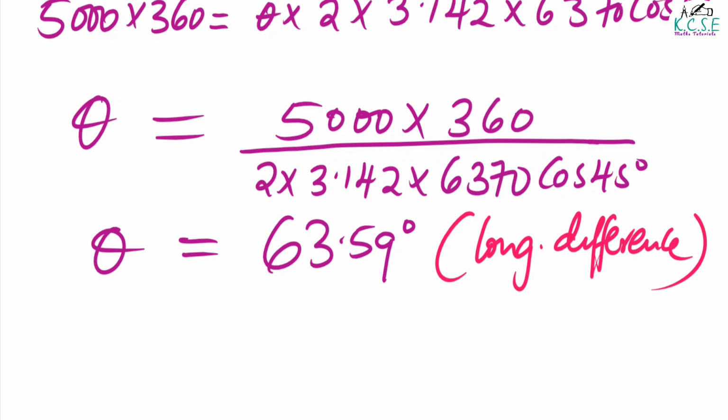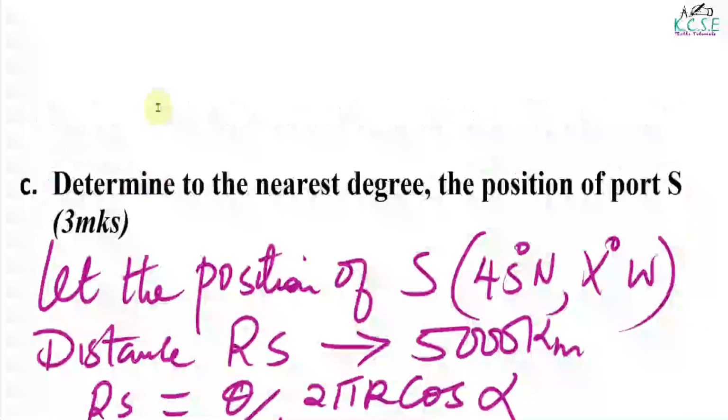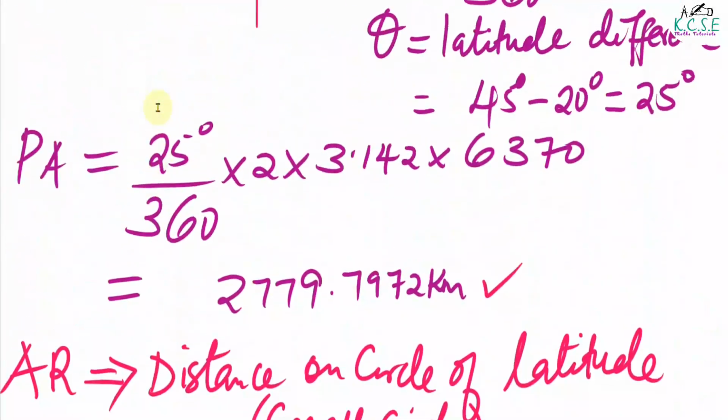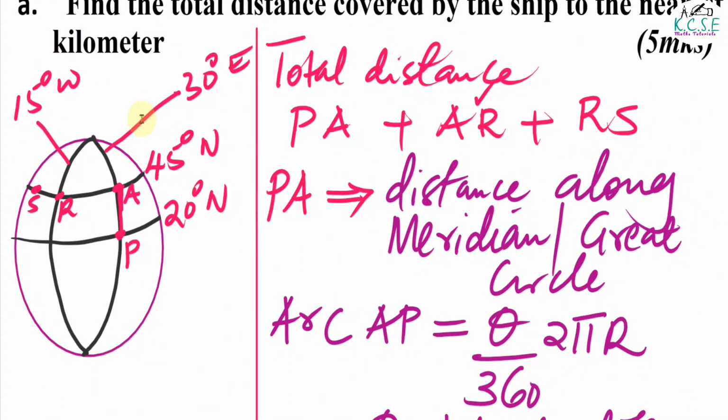Now look at these two. Let's go back to the diagram here. Look at the position of R and then the position of S. Both of them are to the west. If they are both to the west, to obtain the longitude difference, we subtract the longitude angles. Since S is to the left of R, it will be a bigger value.